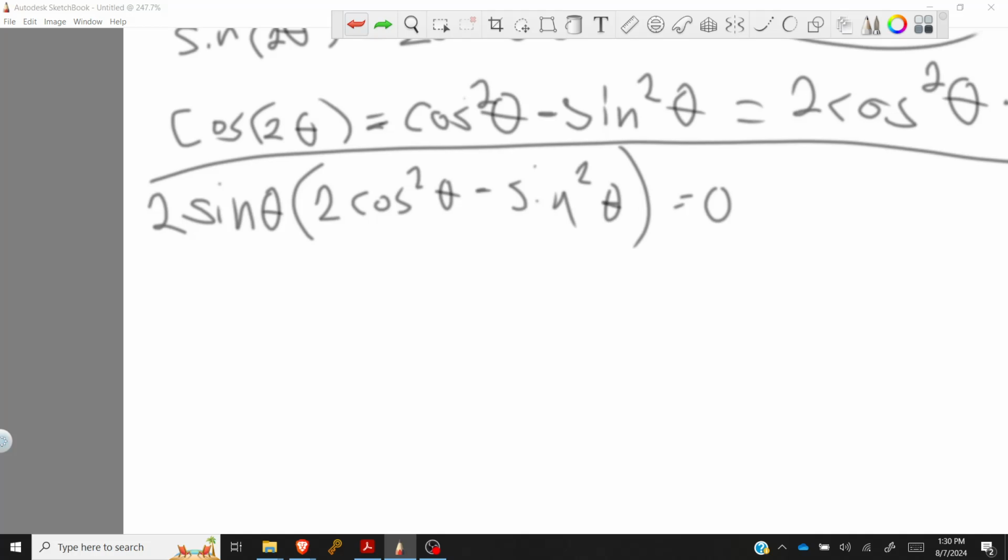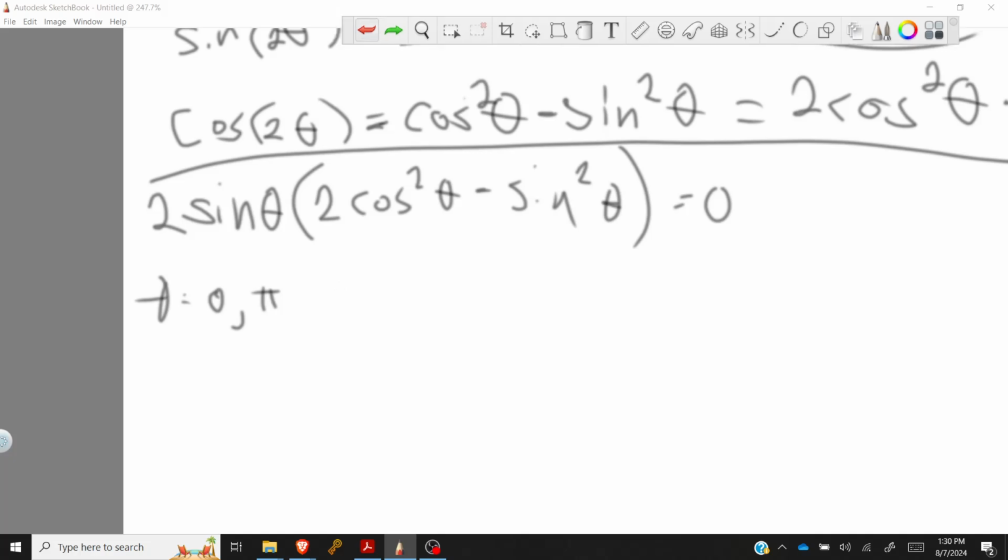Now sine equals 0, well, that would be theta equals pi over 2. Nope, I mean 0 or pi or 2 pi, or really any k amount of pi. It's any integer of pi. It's going to equal 0.